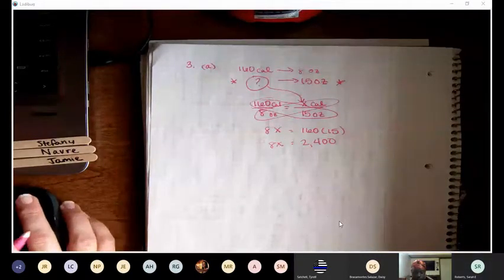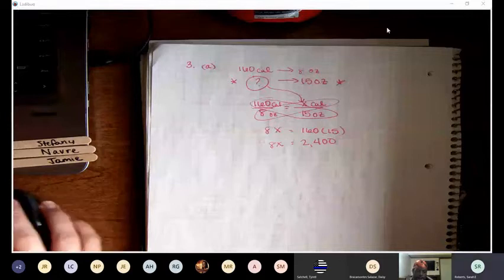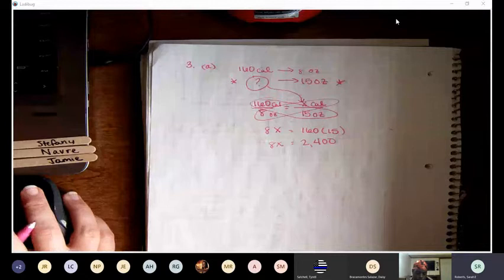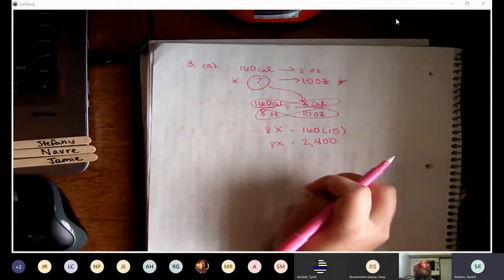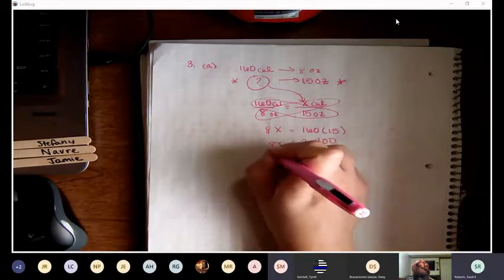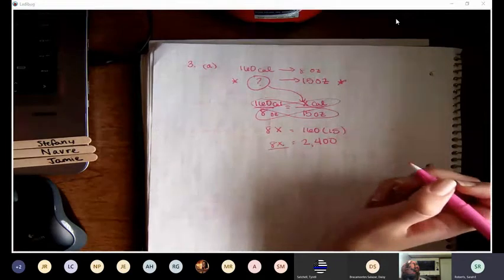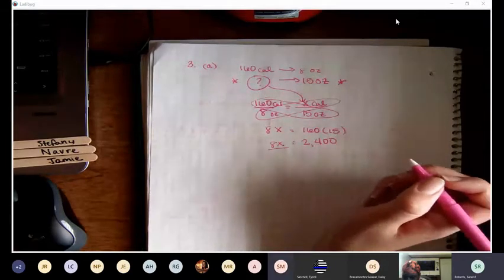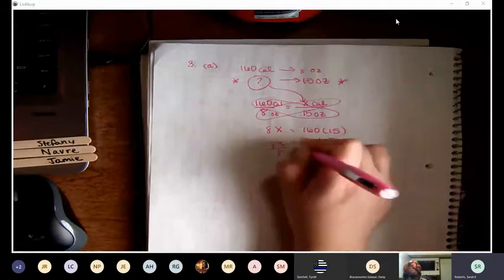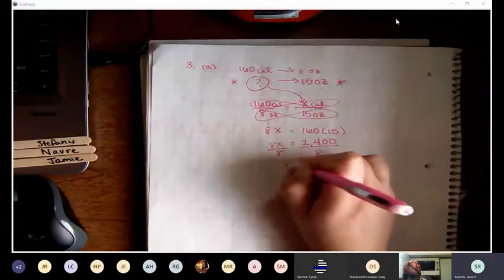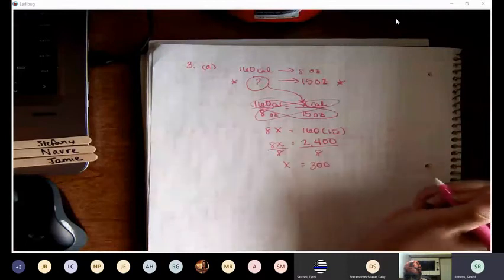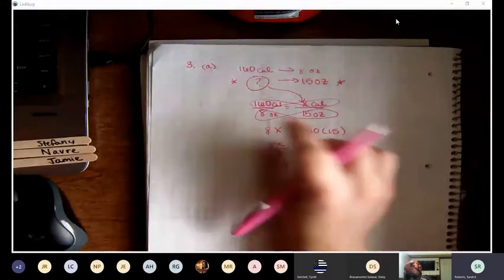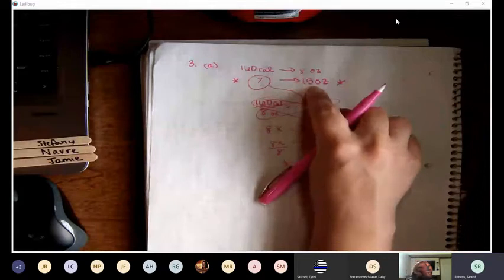Yeah. How do I solve for x here? You divide. How do I get x by itself? You divide. Yeah, well, divide by what? 8. Thank you. Okay, so we have x equals 2,400 divided by 8. And that should give you 300. Okay, so we should have 300 calories in 15 ounces of milk.